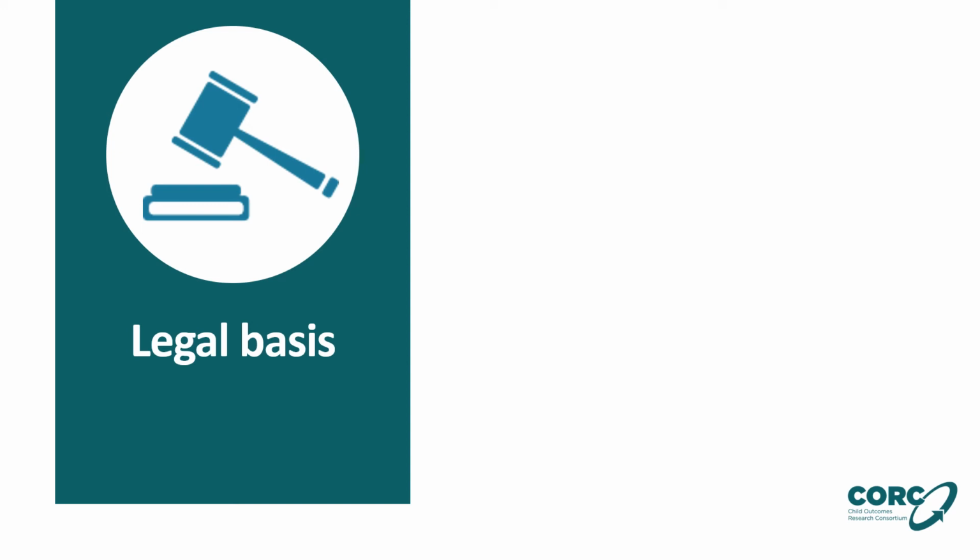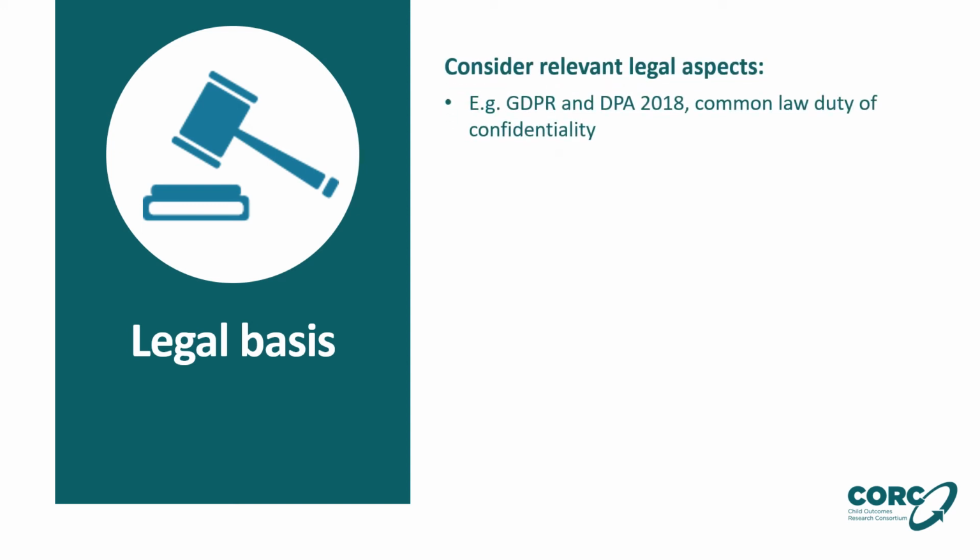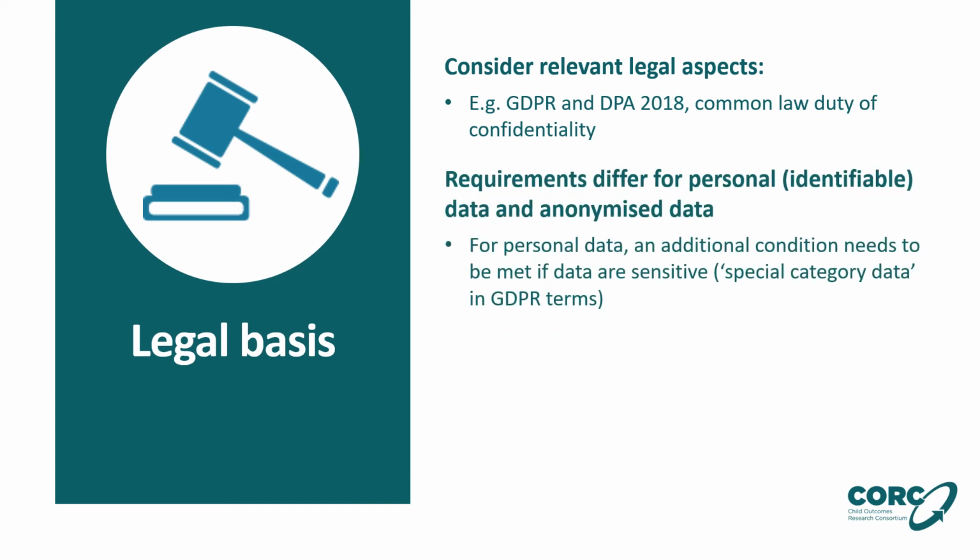The main examples from our experience are the General Data Protection Regulation and UK Data Protection Act, and the common law duty of confidentiality. To find out what requirements apply, it is necessary to determine how the data needed for the purpose would be classified in GDPR terms.